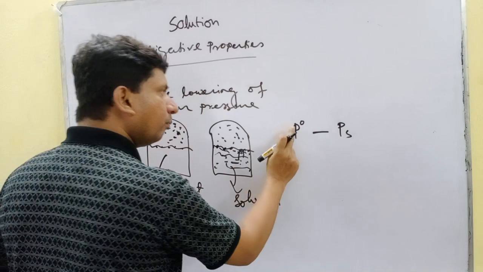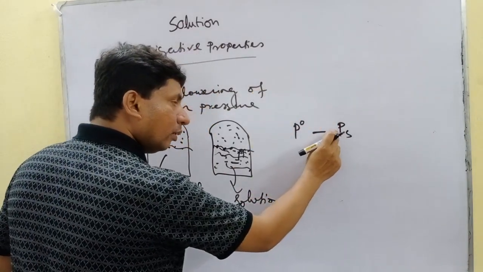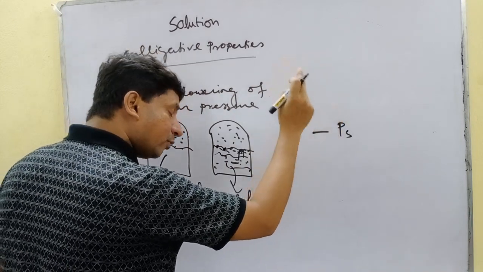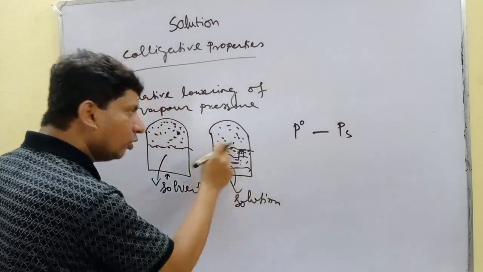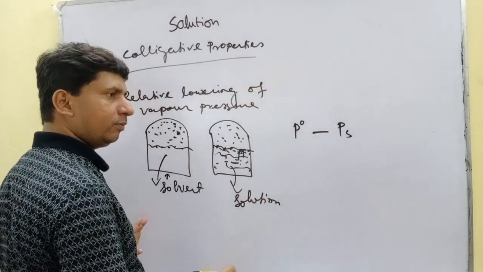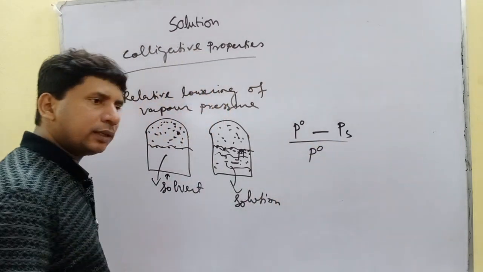PS is the vapor pressure of the solvent in the solution, that is, the vapor pressure of the solution.